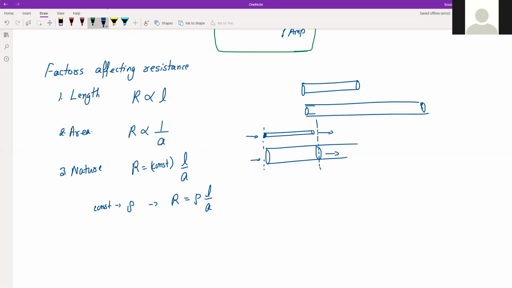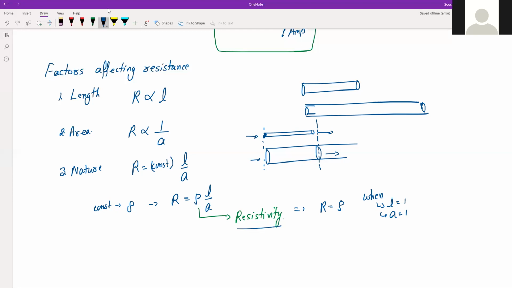Now what is this rho? This rho is called resistivity. And we can now define this. How to define this? R will be equal to rho when L is equal to 1 and A is also equal to 1. So at that time, R and rho are the same. So what can we conclude about resistivity? Resistivity will be shown by this rho.